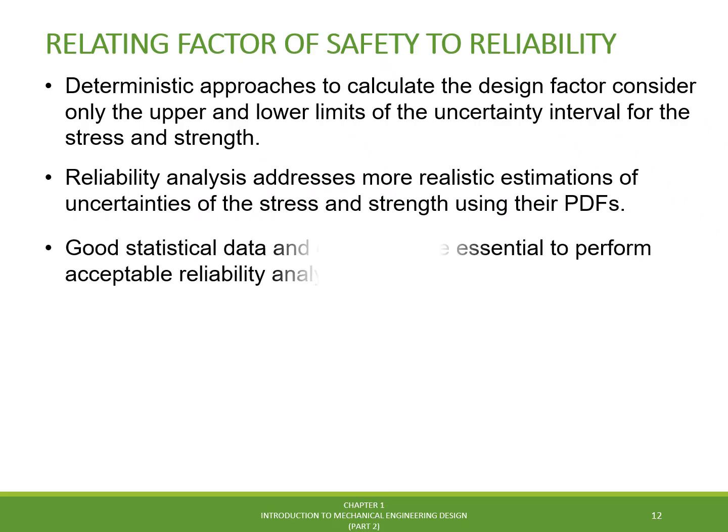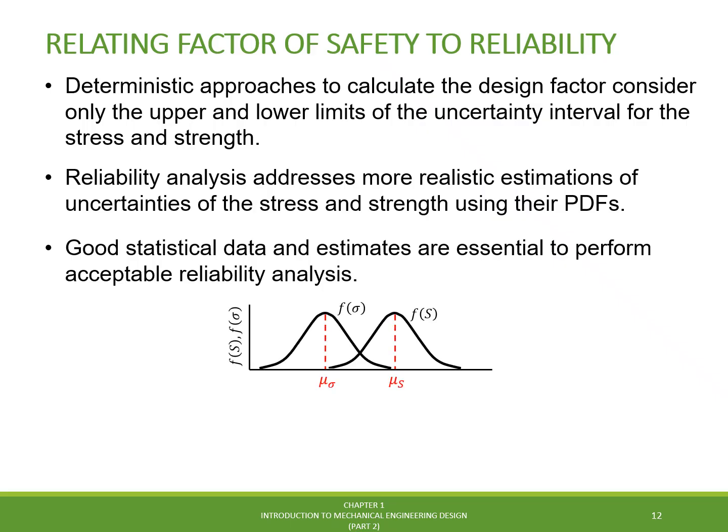So that's why probabilistic approaches are usually more accurate, as long as we have good statistical data available to estimate the statistical parameters of both the stress and the strength.